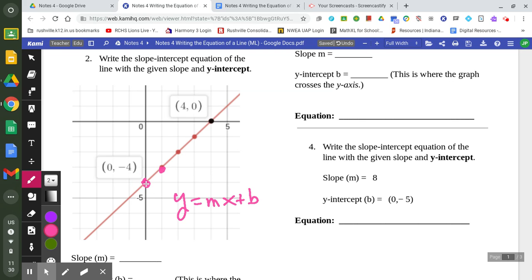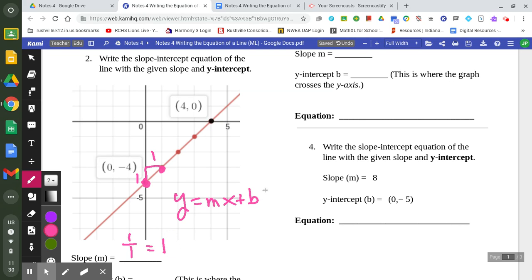So to get from this point to this point, I go up 1 and to the right 1. So my slope is +1 over +1, which when we go to write it in this form, we really don't want a fraction. So 1/1 is the same as 1.